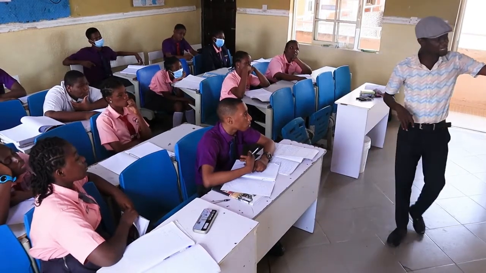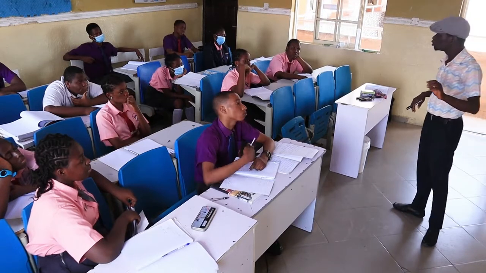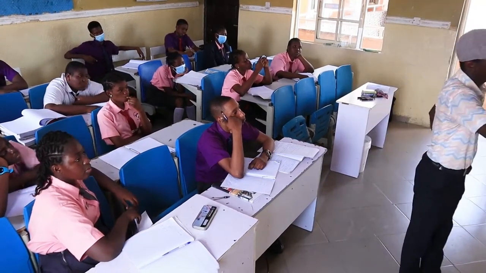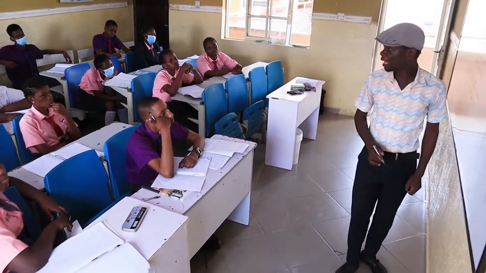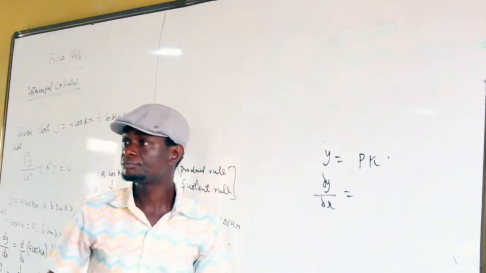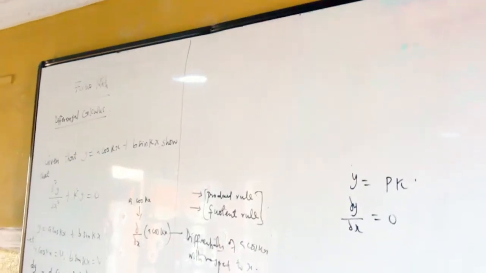So you have to understand when they are talking about product rule and when they are talking about quotient rule. For example, if I say y is equal to a constant and I take dy/dx, what will it give me? 0. Who can tell me why it is going to be 0?